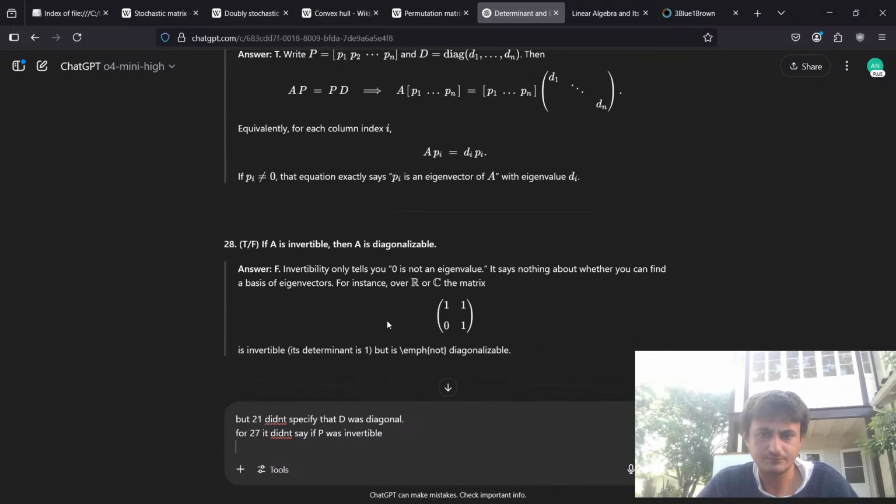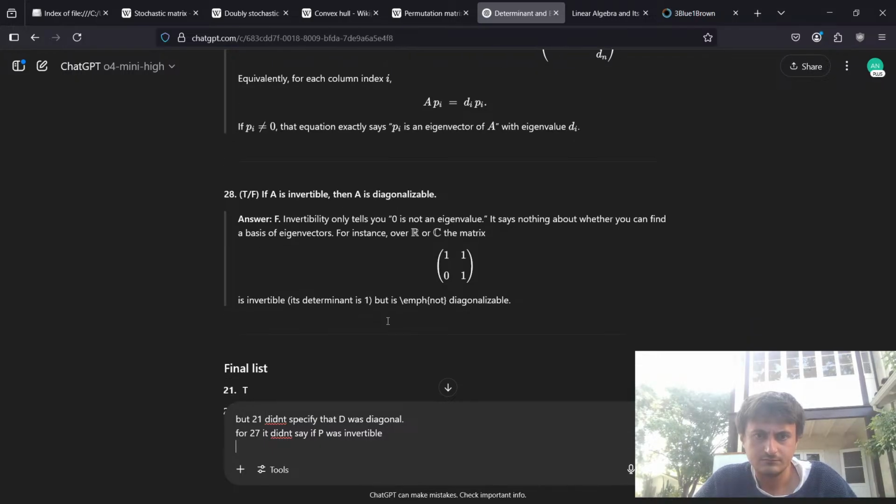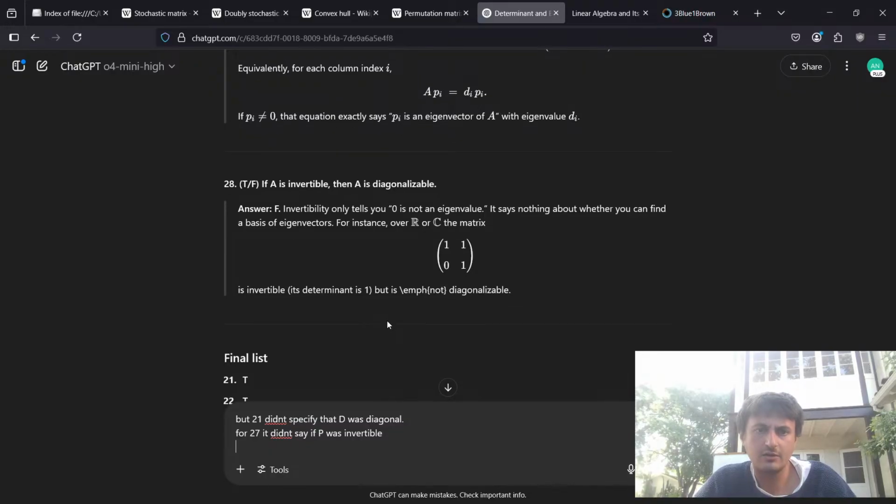28. Oh wow. Yeah, I didn't think about that. The Jordan block is actually one of the best test matrices.